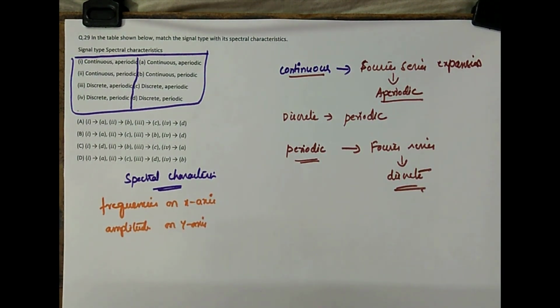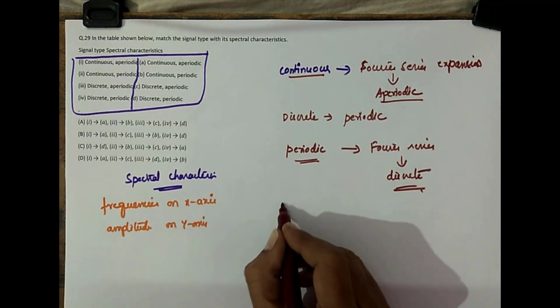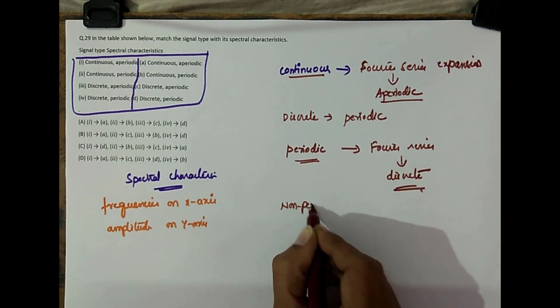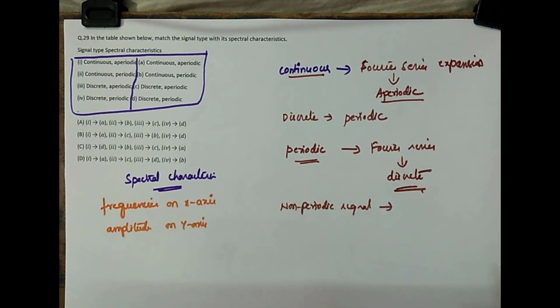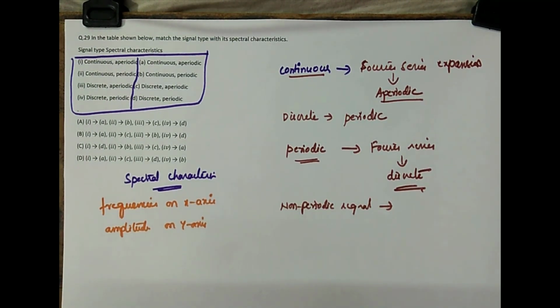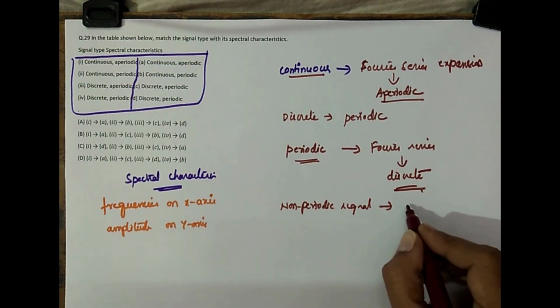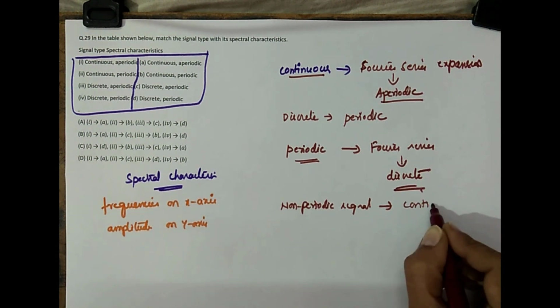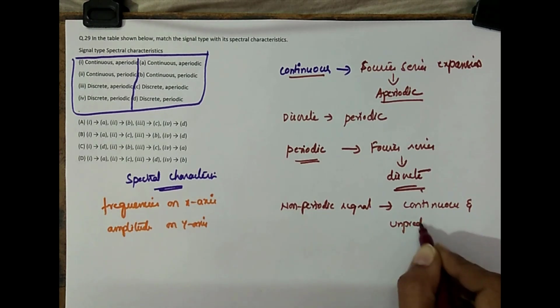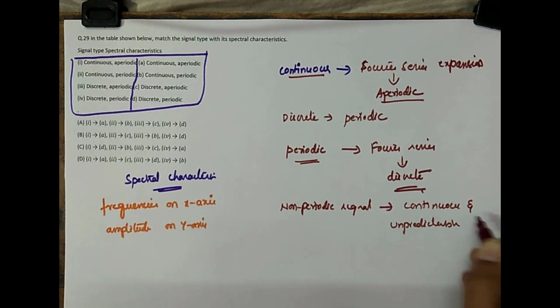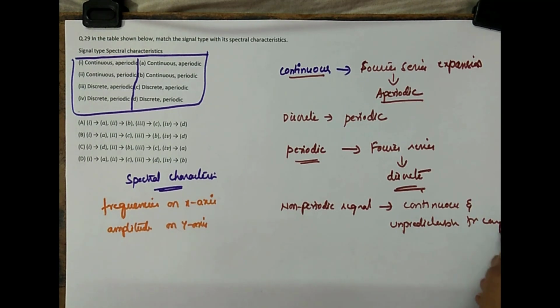The Fourier transform of a periodic signal consists of impulses at regular intervals, meaning a discrete signal. And for a non-periodic signal, the spectrum consists of continuous and unpredictable frequency components.